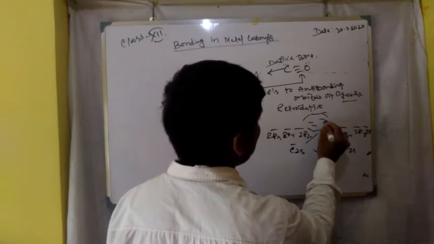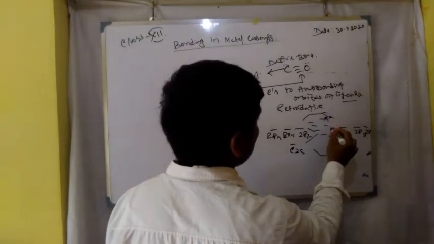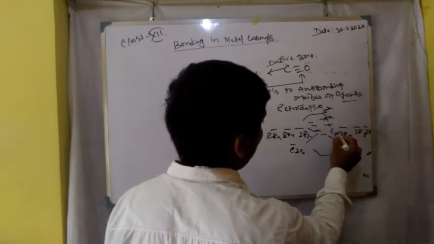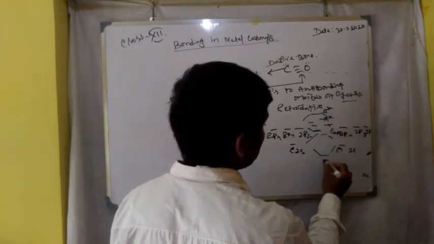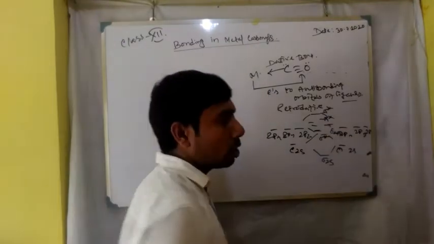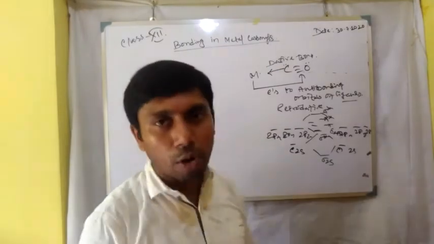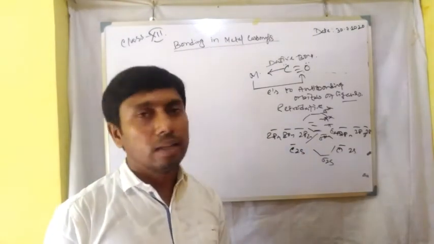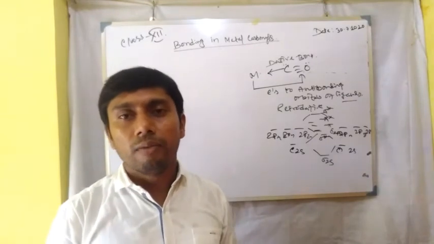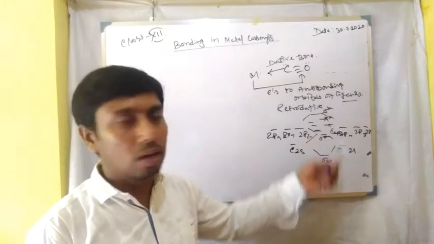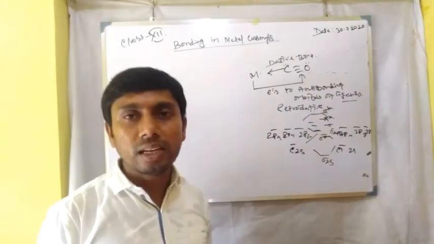Now these are the pi star, this is pi, this is sigma star, this is sigma of 2px, and this is the sigma of 2s, sigma star. These antibonding orbitals come from the molecular orbital theory, where the valence electrons are filled in according to increasing energy.